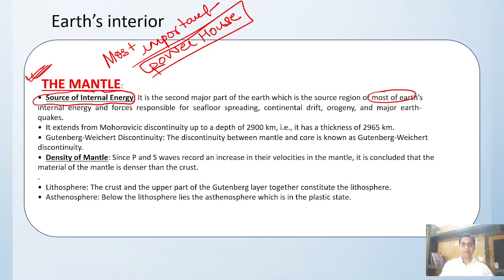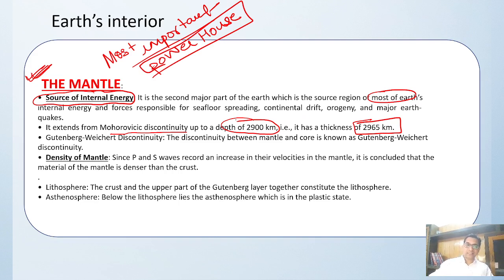Because of this mantle, the sea floor spreads, continental drift happens, orogeny happens, and everything. Earthquakes come because of that. So it is just below the Mohorovic discontinuity and goes up to a depth of 2900 kilometers, and this mantle has a thickness of 2965 kilometers. Okay.